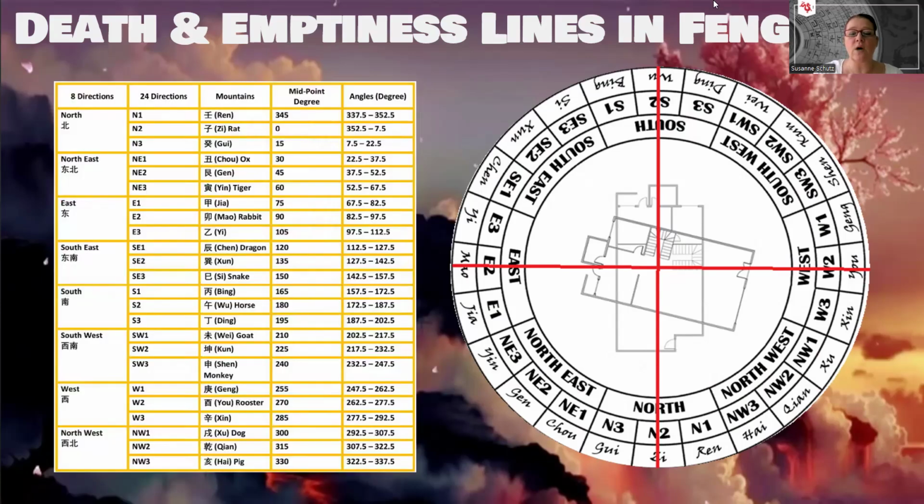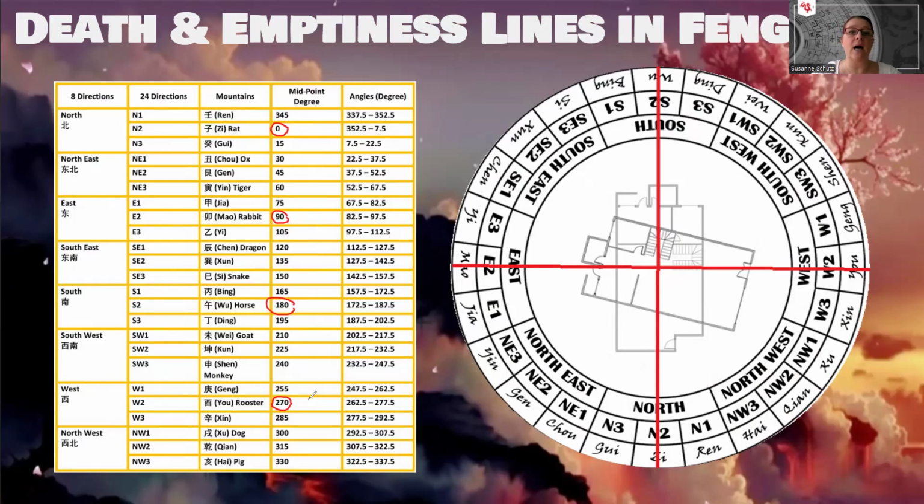So to show you this on this chart here, if the property is facing 0 degree, then it's facing due north. If it's facing 90 degree, it's facing due east. If it's facing 180 degree, it's facing due south. And if it's facing 270 degrees, it's facing due west. So really, even if there's just a deviation of 0.2 or 3 degrees, this is not considered a cardinal death and emptiness line. So it has to be precisely on this line.